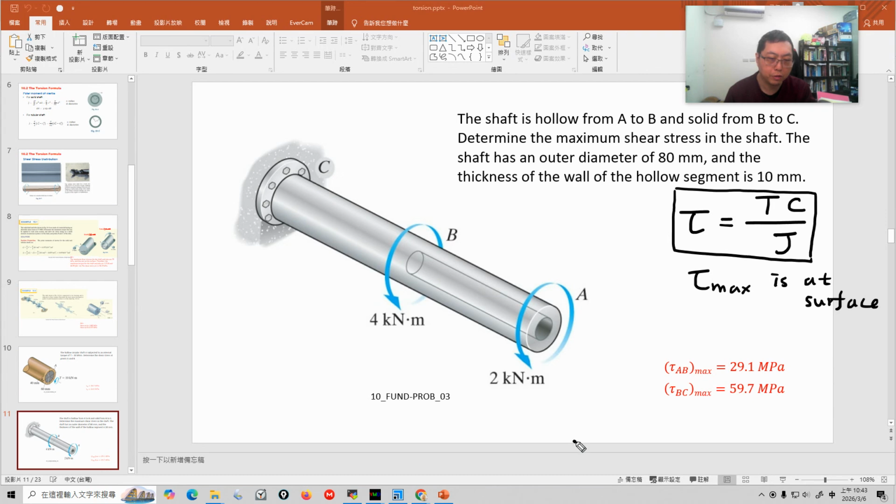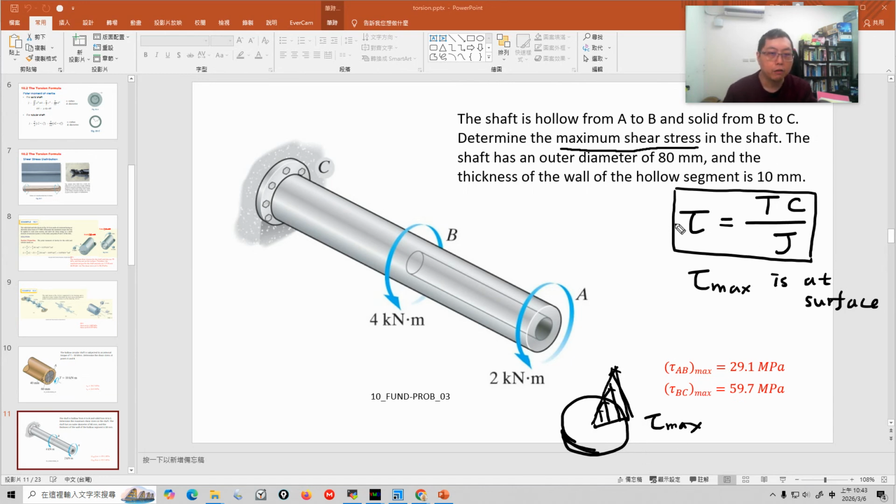There is a famous picture like this: if you draw the profile of the shape, the shear stress distribution increases linearly along the radius direction, and this is the shear maximum. So when we want the maximum shear stress, we just calculate the shear stress at the surface.